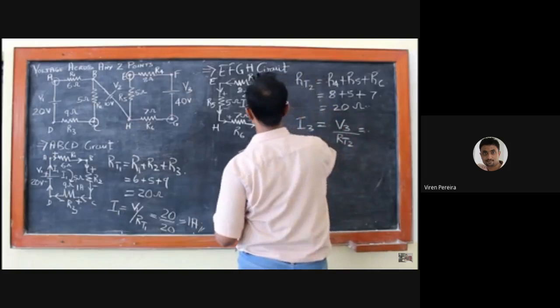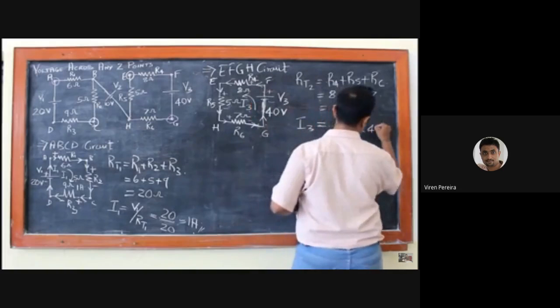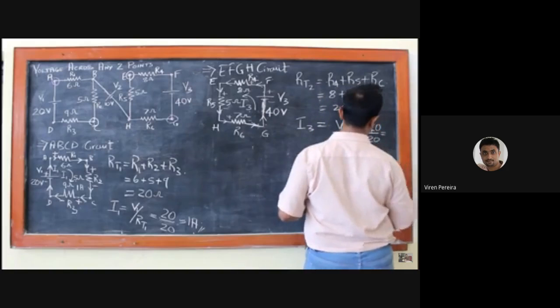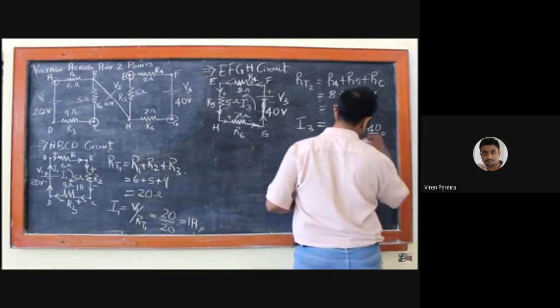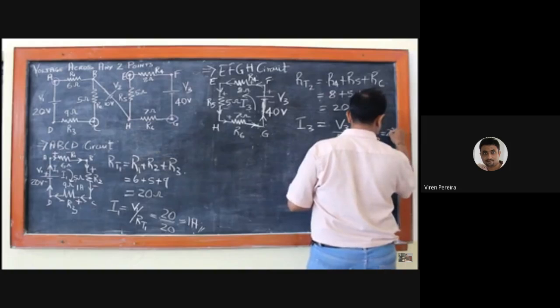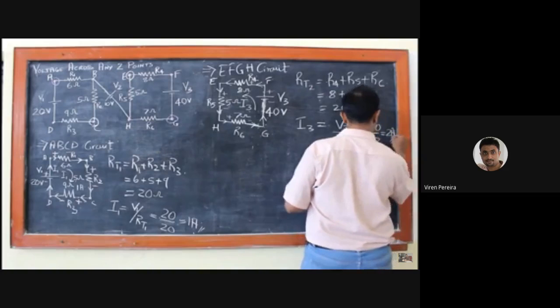So I3 equals 40 volts divided by 20 ohms, which is equal to 2 amps.